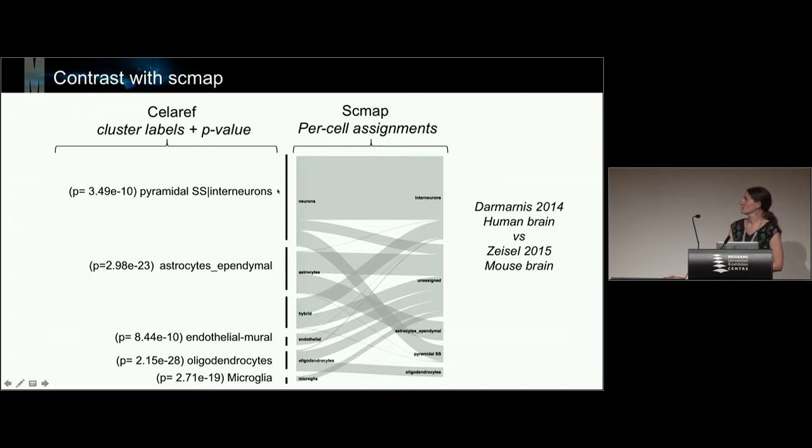Whereas in Celaref, it makes an attempt to generate these labels and gives you a p-value. Despite this very different statistical approach, you actually do get reasonably good agreement between the 2 tools, which is good.